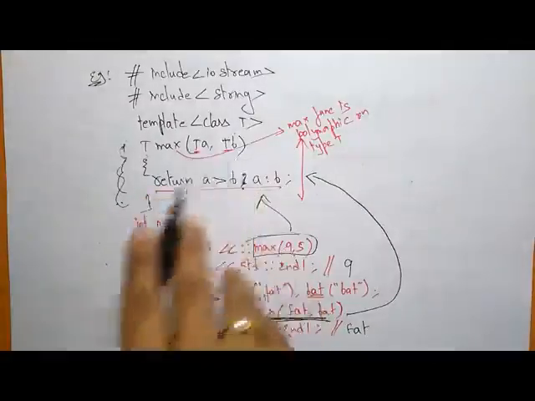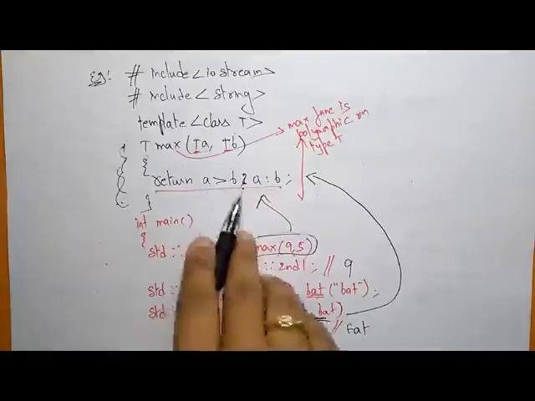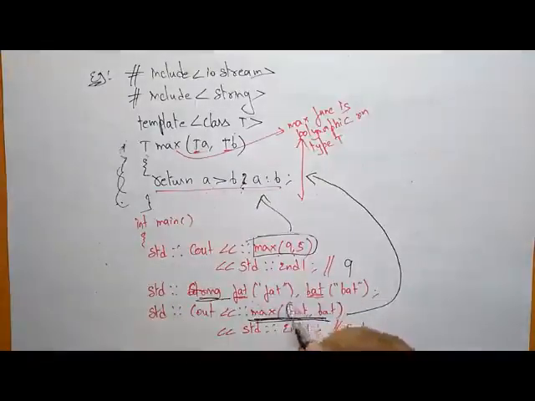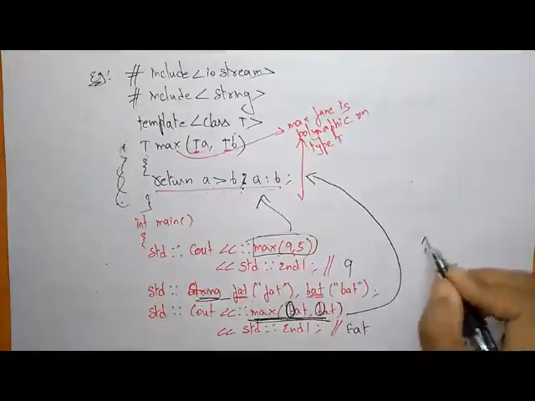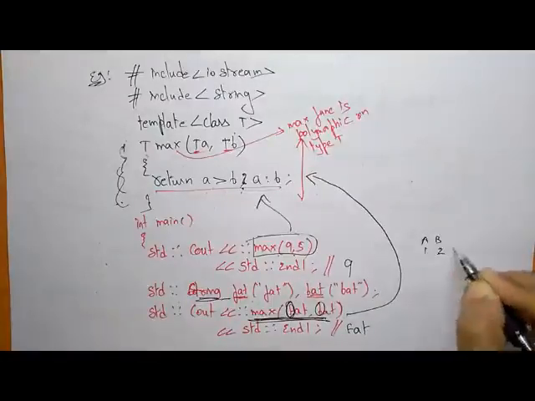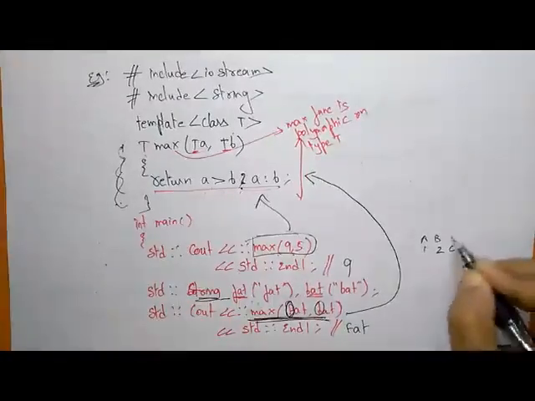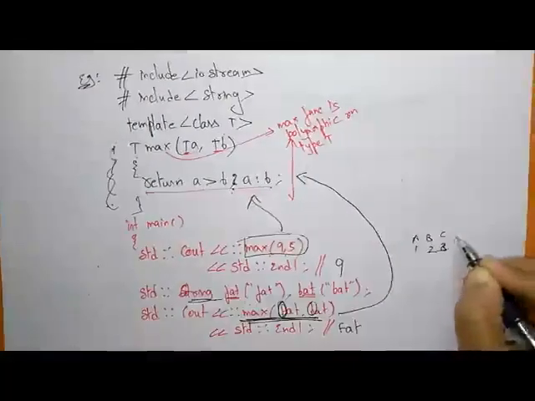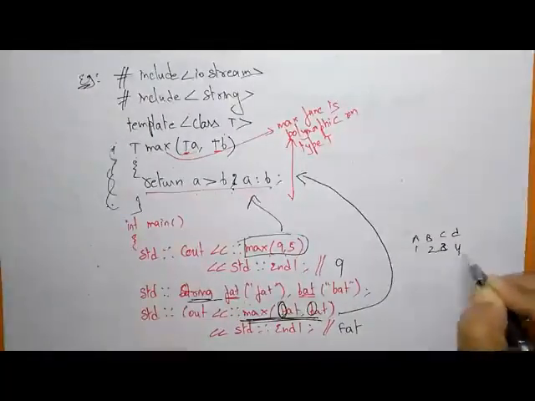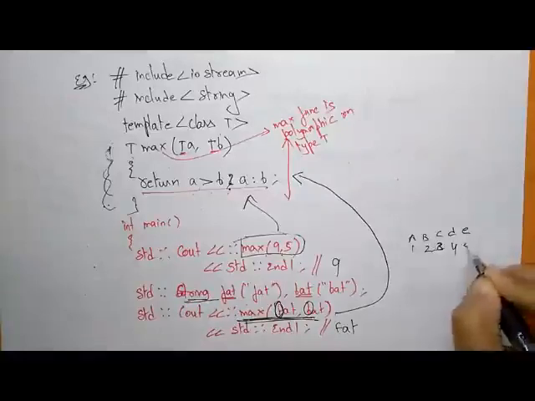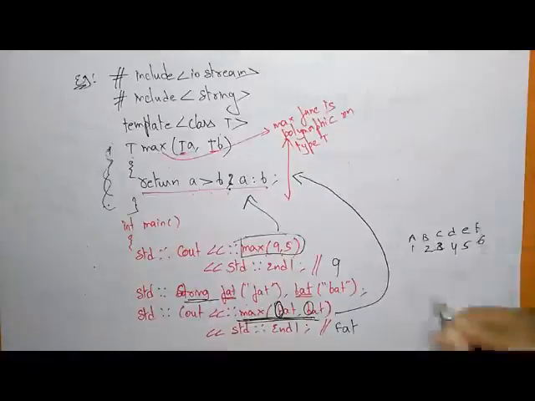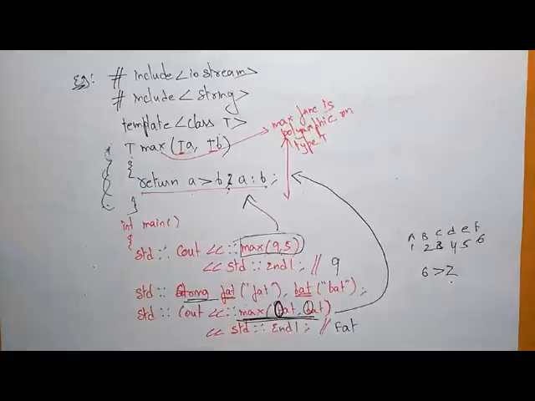In this fat and bat, it returns fat if fat is greater than bat, because F will come. Suppose, instead of letters, you take numbers: A is 1, B is 2, C is 3, D is 4, E is 5, F is 6. So 6 is greater than 2, so it prints the fat value.